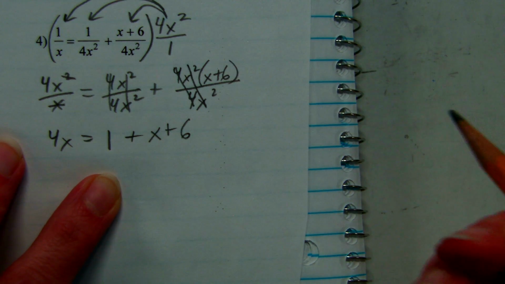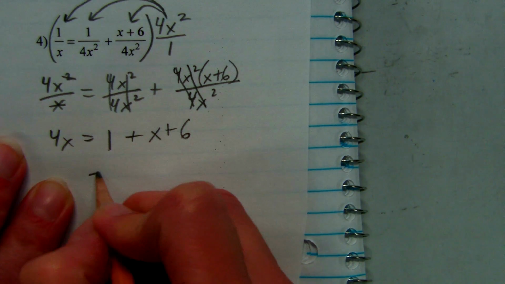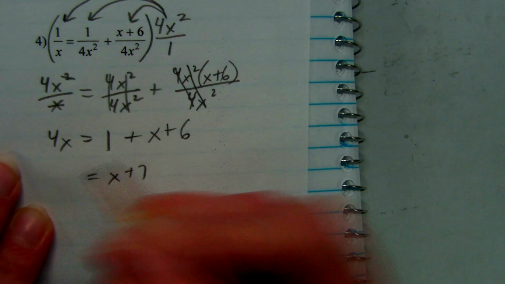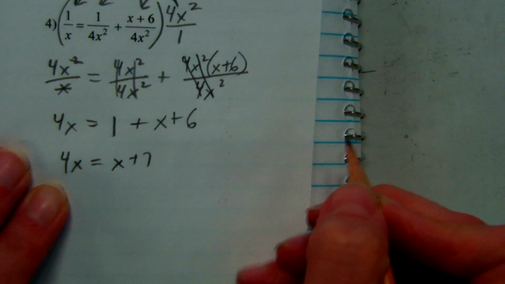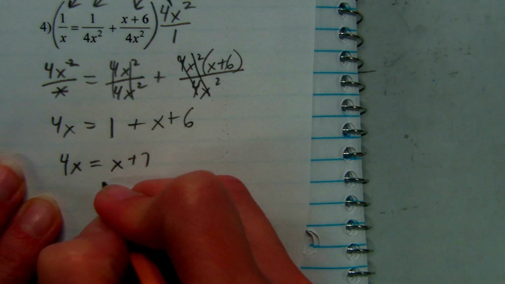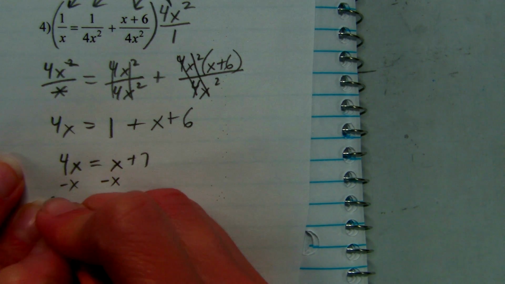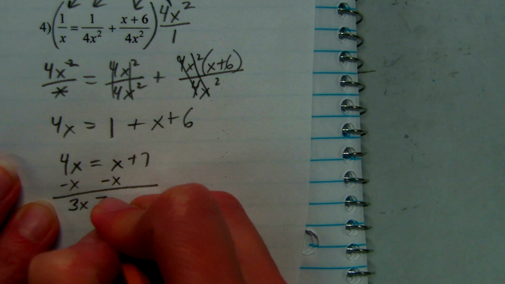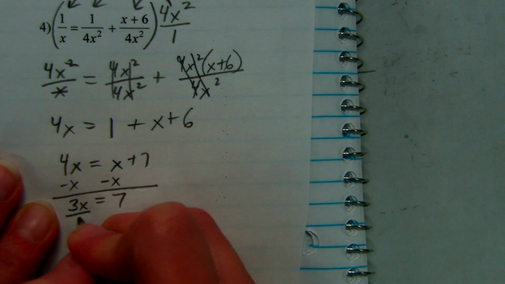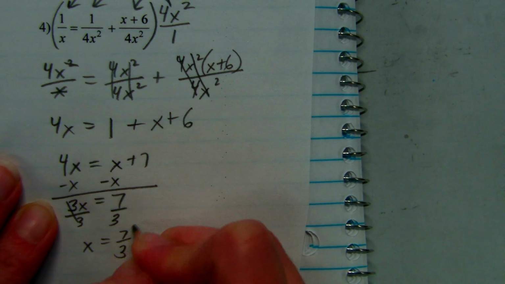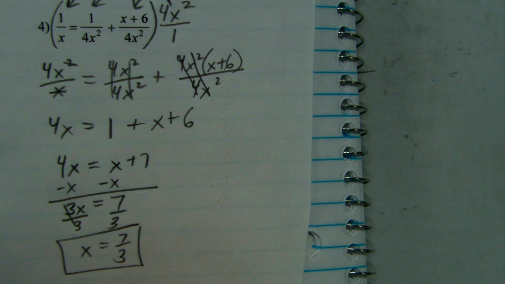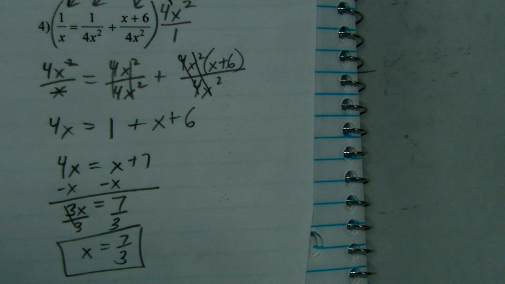So before you do anything else, you might want to put the 1 and the 6 together and make it x plus 7 or 7 plus x, either way. And then this is a whole lot shorter and simpler than it was. We can subtract x from both sides and give 3x equals 7. Divide by 3 and we get x equals 7/3. We just copy down this fraction. And that's where we're going to stop for part 1.